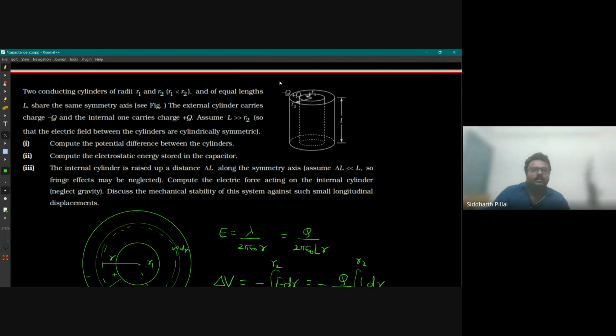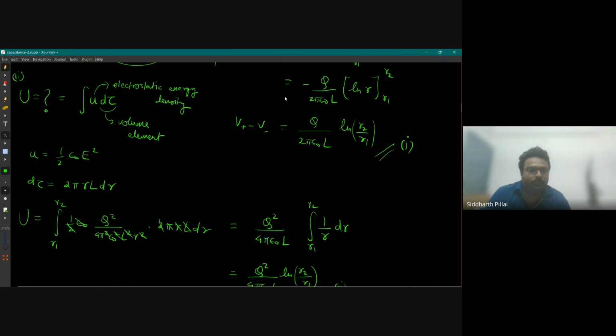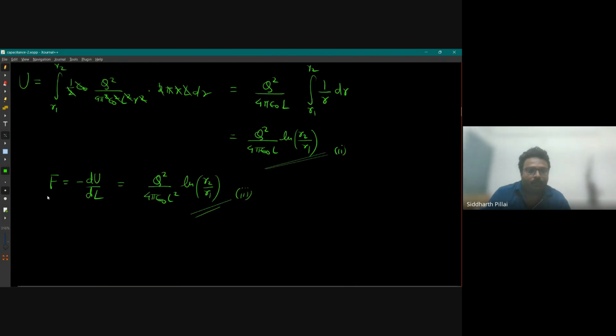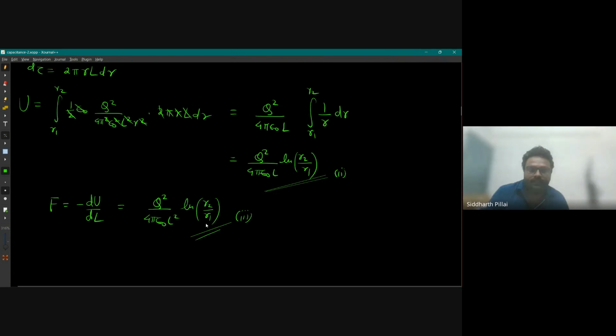So that L becomes your variable. We can write force as the derivative of potential energy with respect to that variable L. So directly we'll get the answer here.